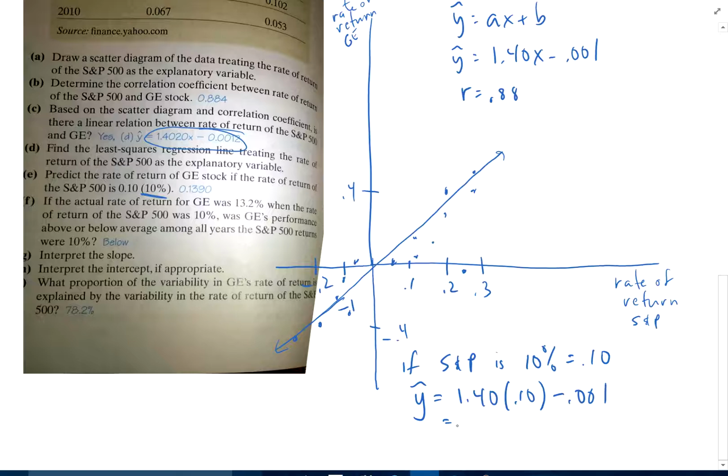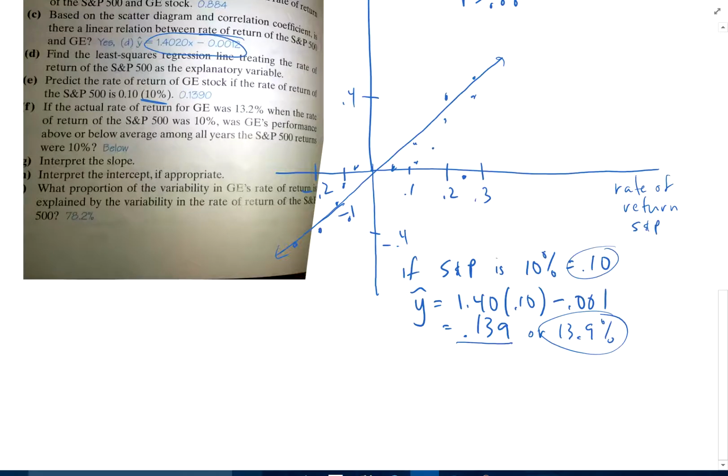I'll do it on my calculator on the side. 1.4 times 0.10 minus 0.001, and I get 0.139. So that's how much I would expect it to be, or 13.9%. If the rate of return on S&P is 10%, then that's what I expect on GE.